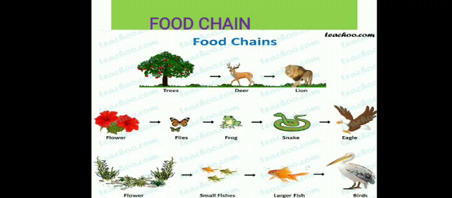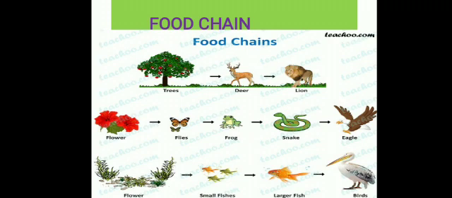In the next picture, flowers are eaten by butterflies. Afterwards, butterflies are eaten by frog. Then frog is eaten by snake, and snakes are eaten by eagles. Similarly, leaves are eaten by caterpillar, afterwards chameleon, then snakes, then mongoose, feeding on each other.